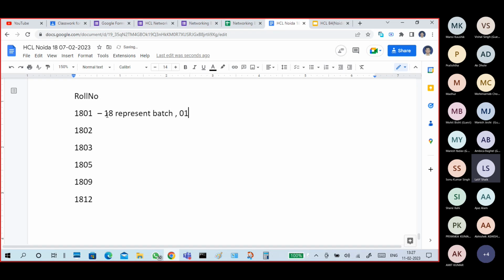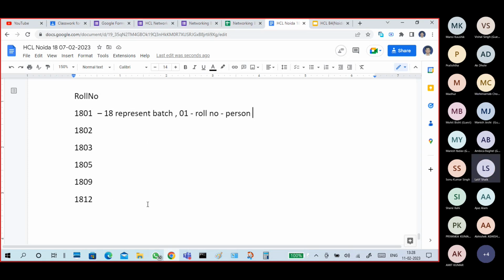And what is this 01? It's the roll number. It represents a person, a person's name.